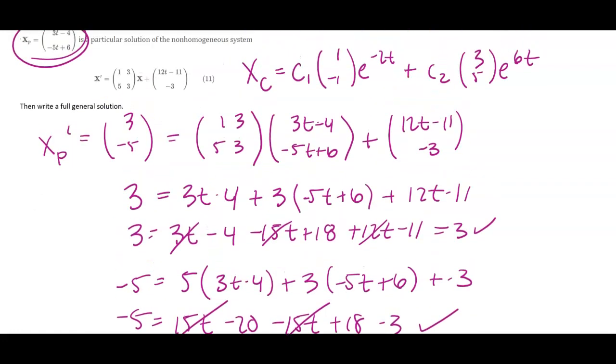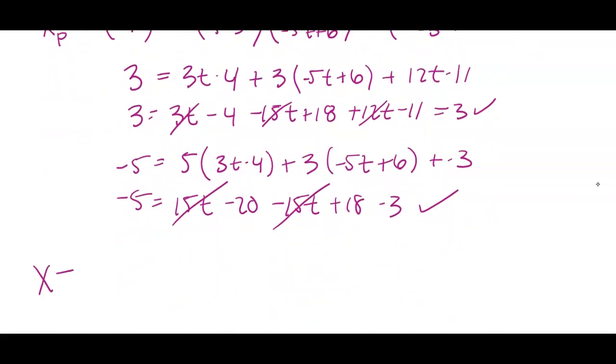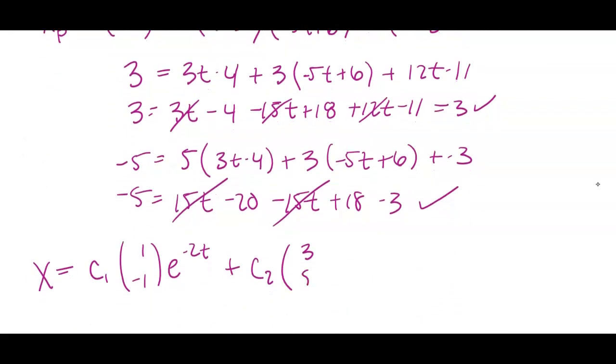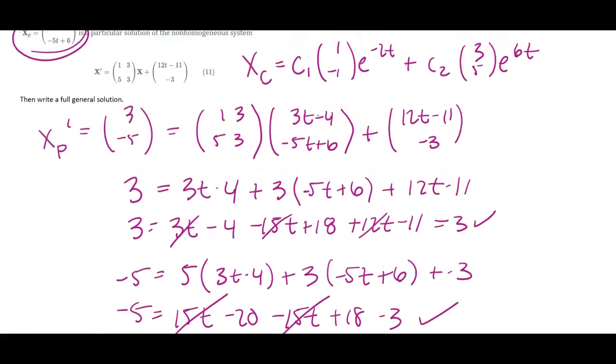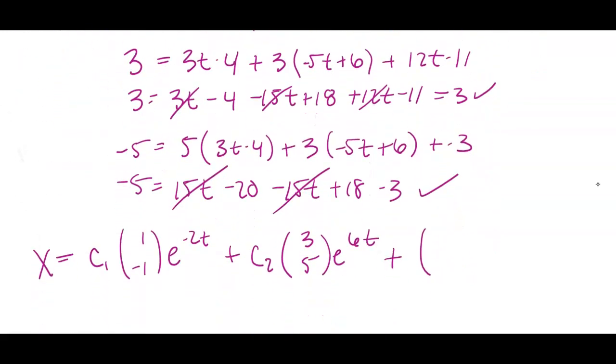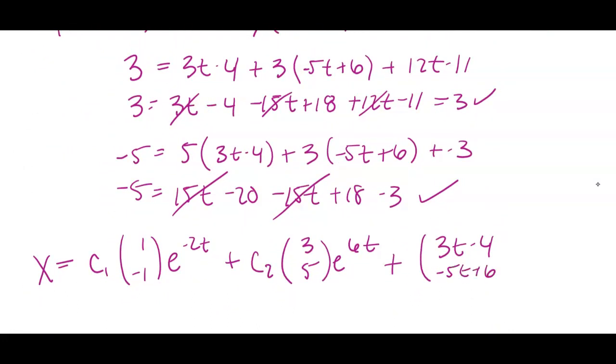So then how I write the full solution is x is equal to c1, 1, negative 1, e^(-2t), plus c2, 3, 5, e^(6t), plus this right here. So that's plus your f of t: 3t minus 4, minus 5t plus 6.